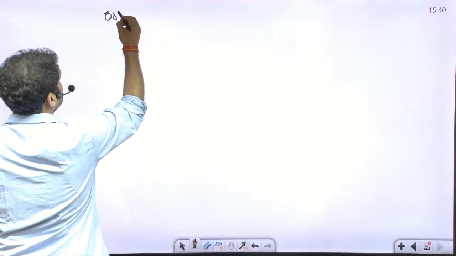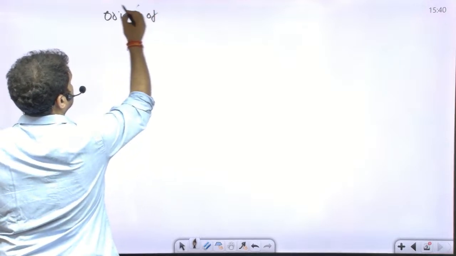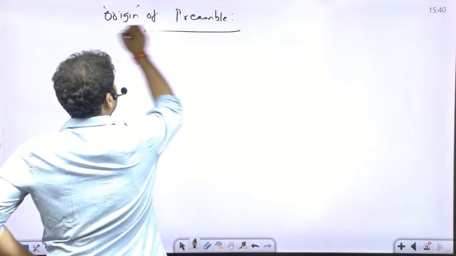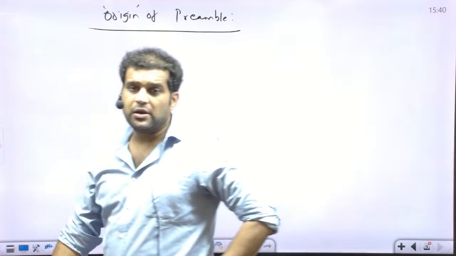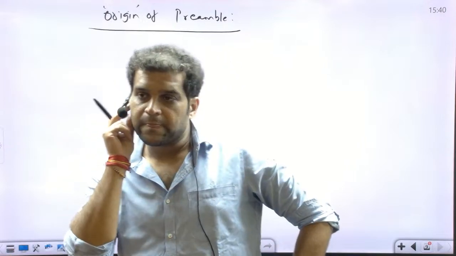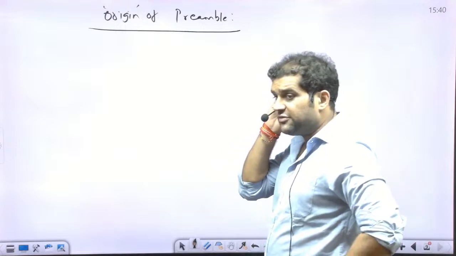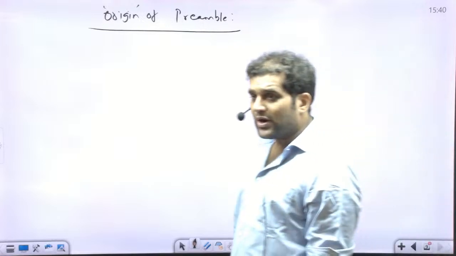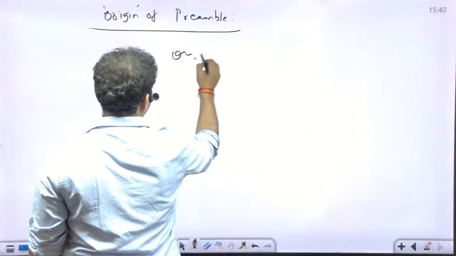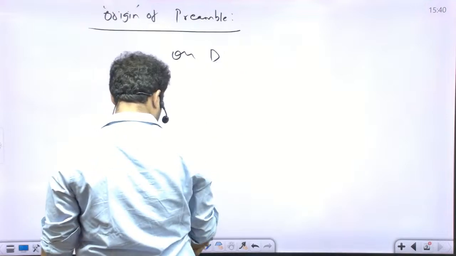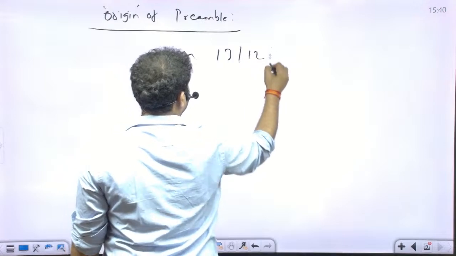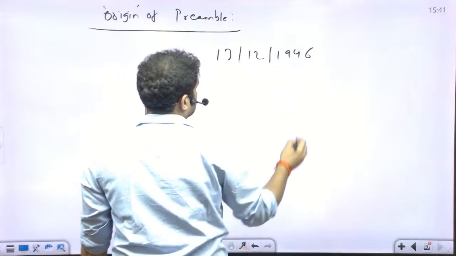Now, the origin of the preamble. As to where and how did the preamble come about? See, let's go back to the formation of the Constituent Assembly. Let's go back in the past. What happened on 13/12/1946?